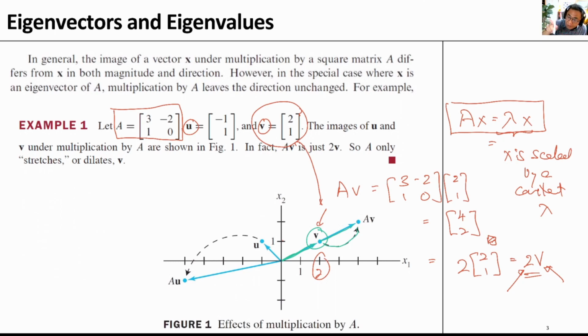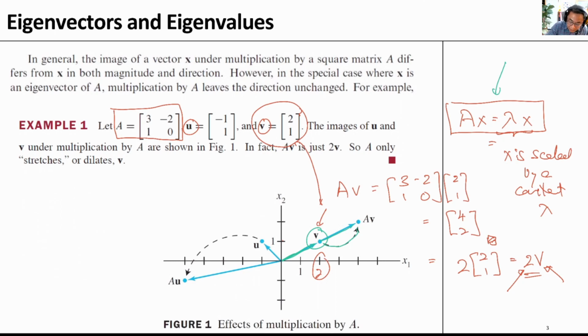If it is going in the same direction, then it is a positive constant lambda. If it is negative, that means it points away from the original V, then lambda, the scaling eigenvalue, is negative. So that's the geometric interpretation, and here is the algebraic interpretation.